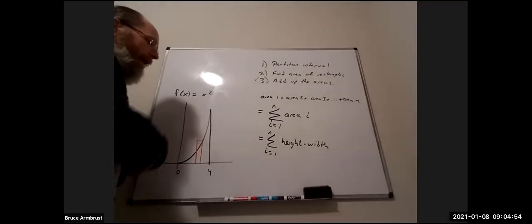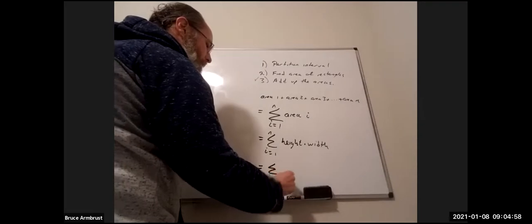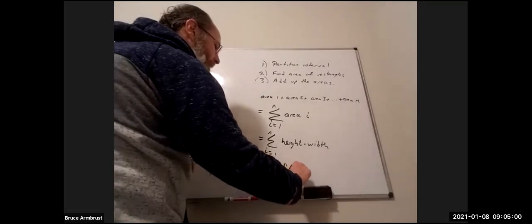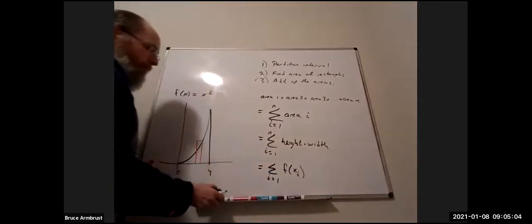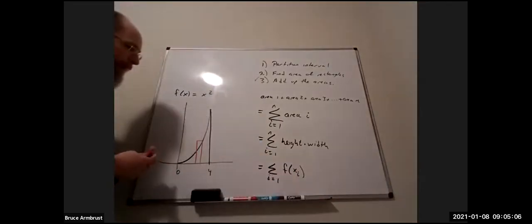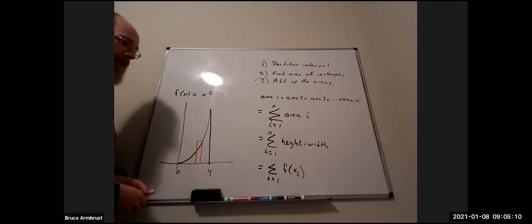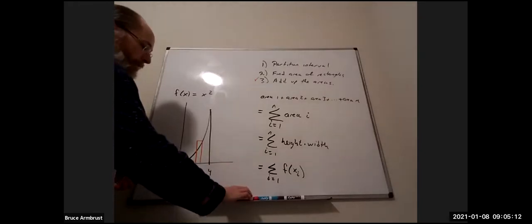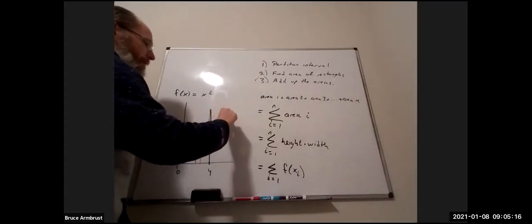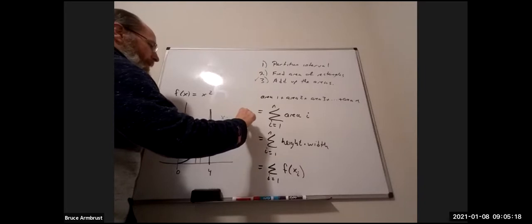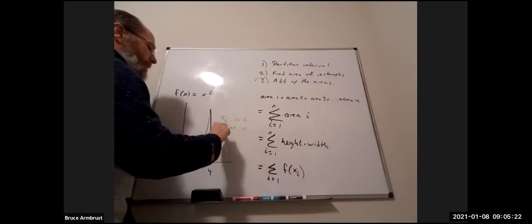Okay, so that height, I'm just going to call this f of x sub i. And all x sub i is, is some number that's in the ith interval. So x sub i is a value in interval number i.